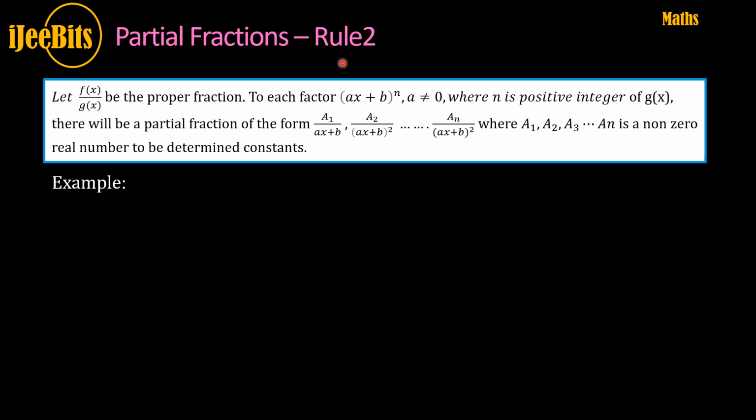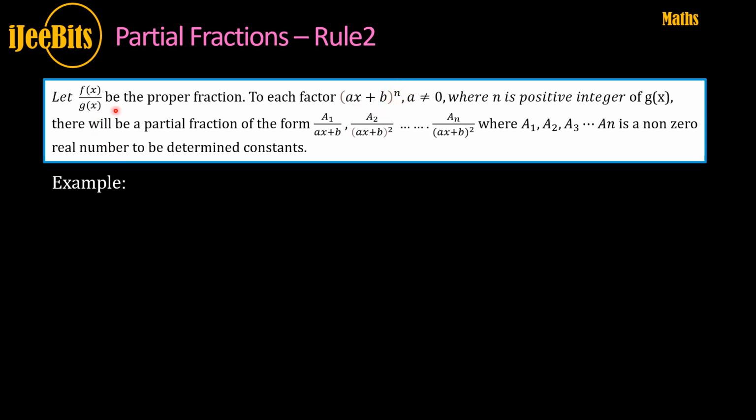So let's look at rule number 2 of partial fractions. For a given proper fraction f of x by g of x, where g of x is in the form of ax plus b whole power n, we have a condition that a is not equal to 0 and n is a positive integer.